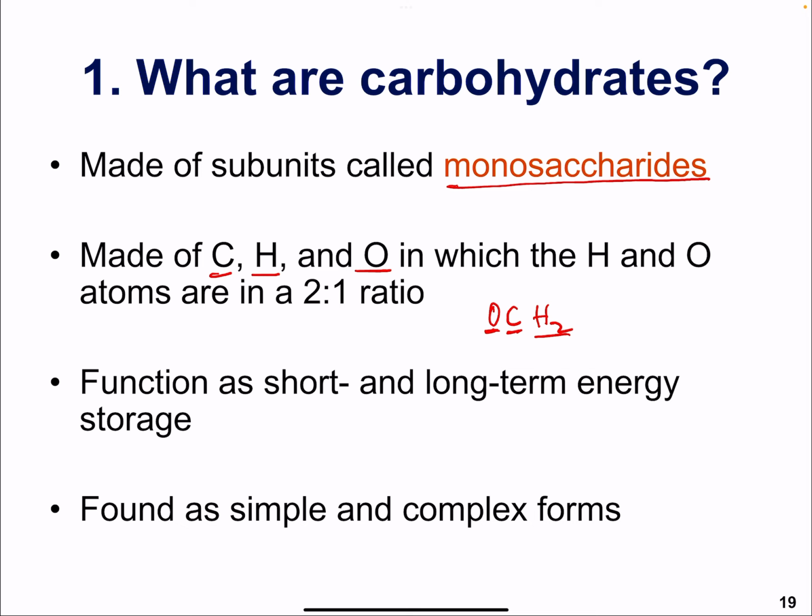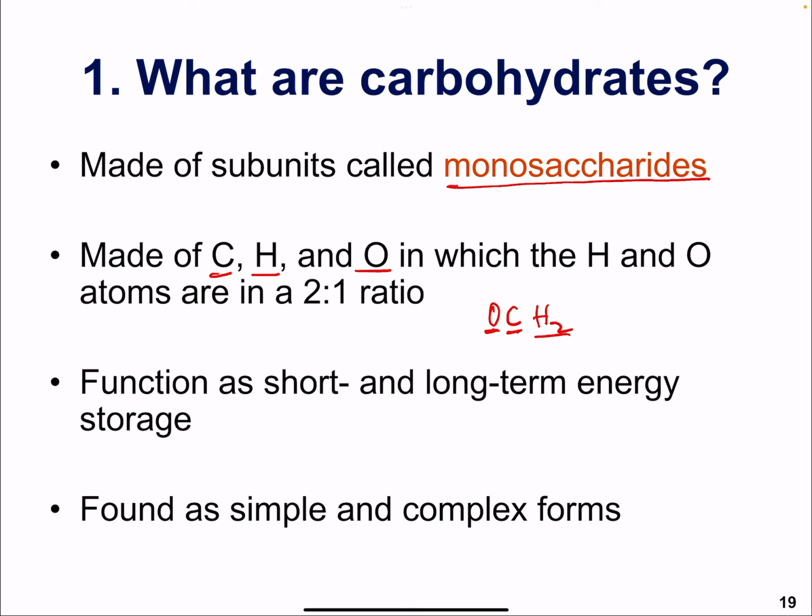Carbohydrates or sugars function in our body in two ways. One, they play the role of source of energy, whether you're talking about short-term source of energy or long-term source of energy. They are also going to play a very important role in the structure of our body. Then we are going to find, beyond the monosaccharides, very complex sugars.